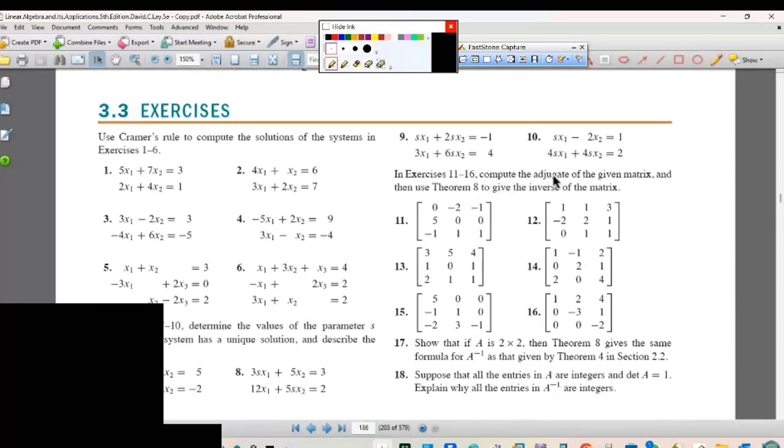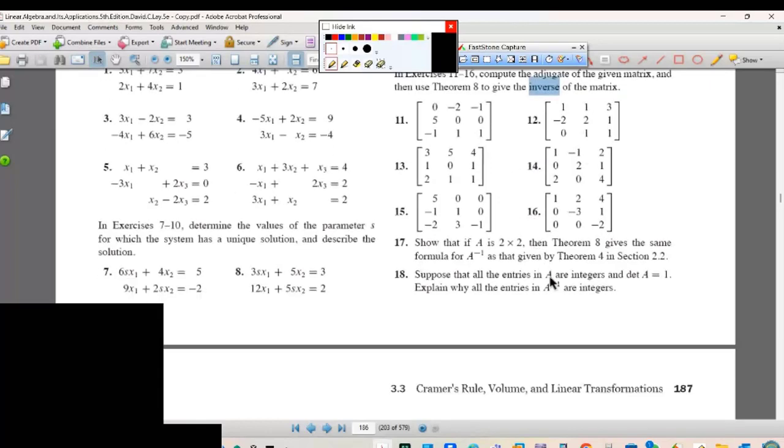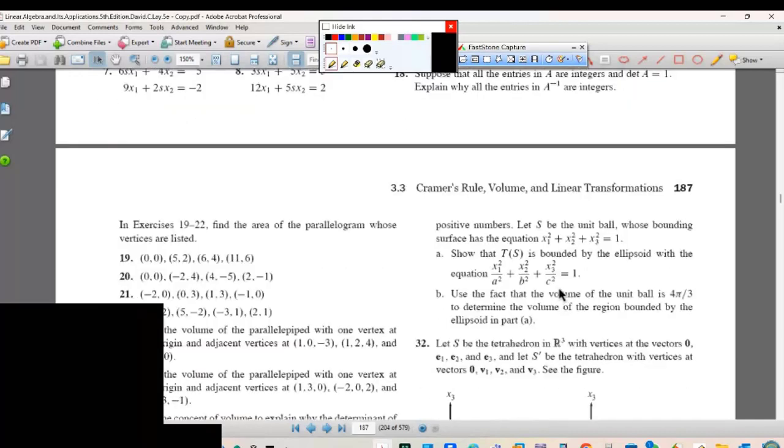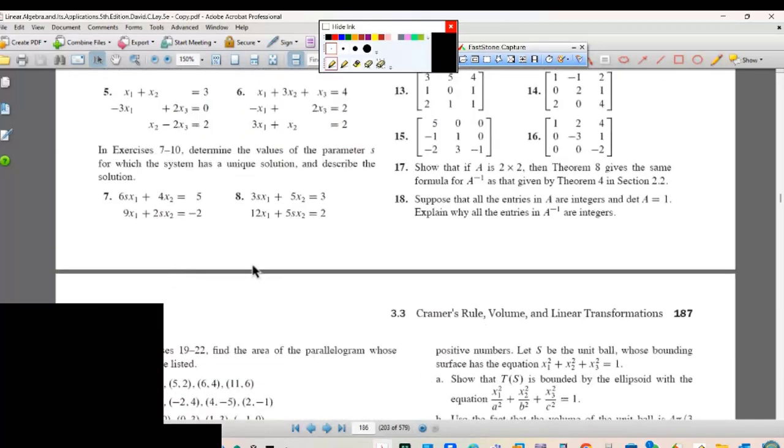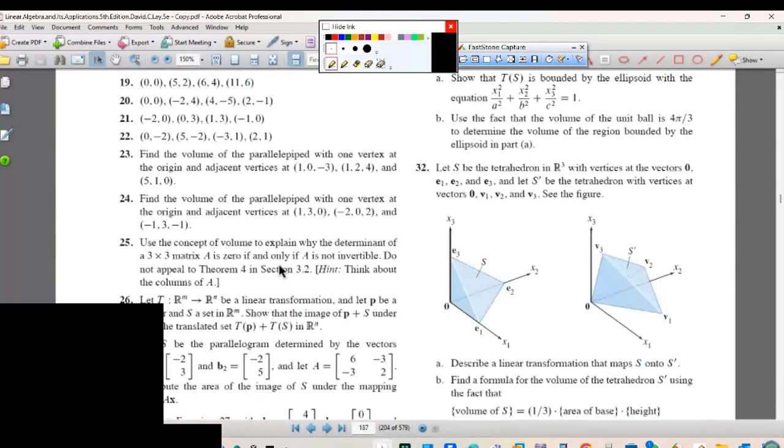Compute the adjugate of the given matrix. He didn't ask me to find the inverse. First calculate the adjugate, then use the theorem to give the inverse. So first calculate the adjugate, that means C transpose, then find the inverse. 17, 18, and after that is cancelled.